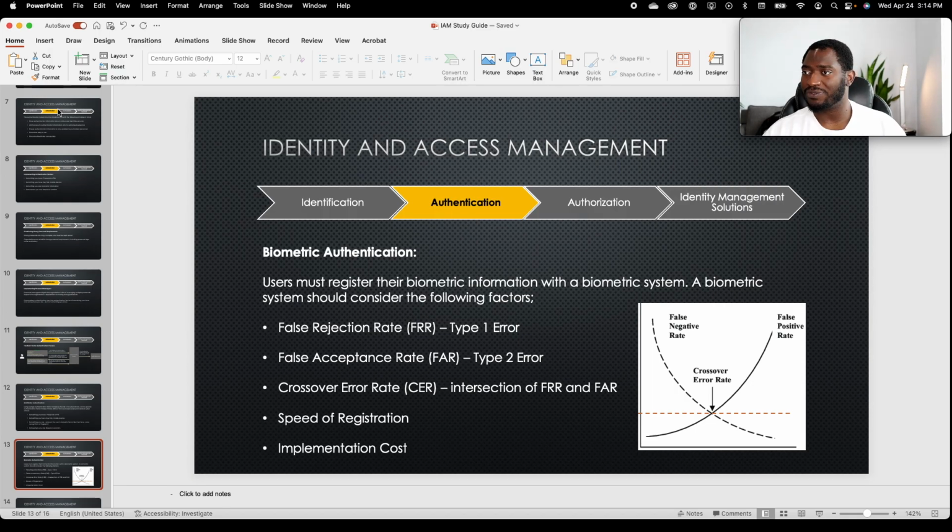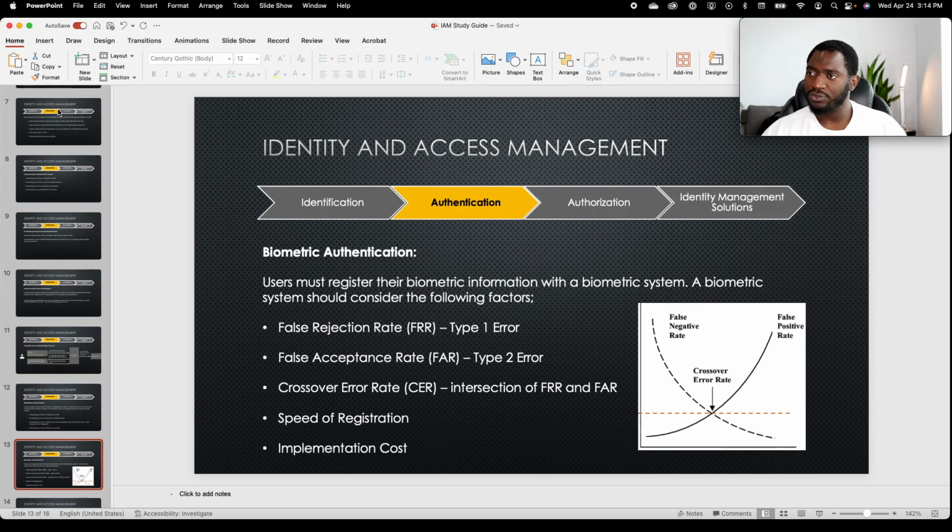And then you also want to factor in the implementation cost of implementing this biometric system against the resource that you're trying to protect. And you also have to remember the implementation cost is not just buying the biometric system. It also includes the cost of maintaining the biometric system year over year. So think of it as capital expense versus operating expense, right?